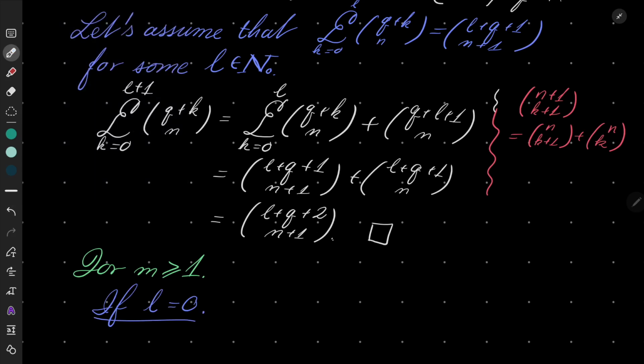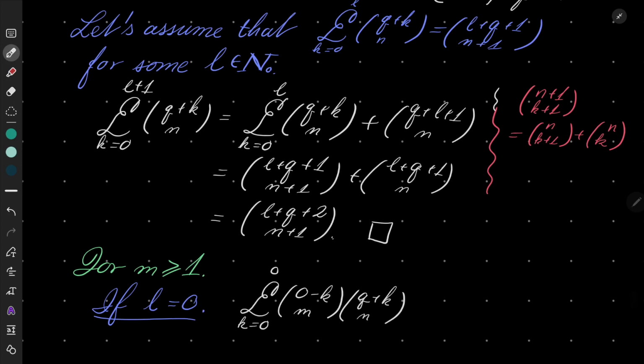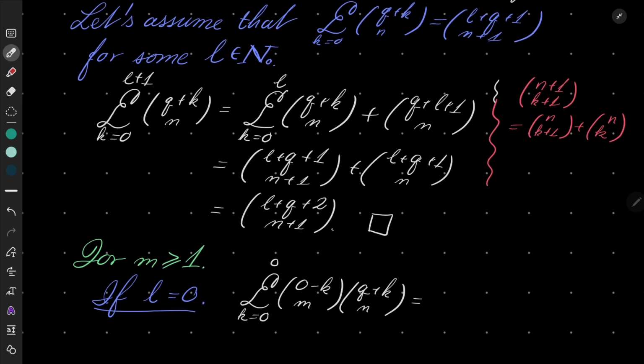Well, our sum is the sum from k equals 0 up to 0 of (0 minus k choose m) times (q plus k choose n), and this sum is 0 choose m times q choose n, and since m is greater than or equal to 1, this is 0.